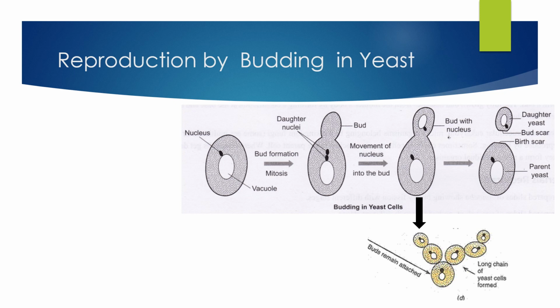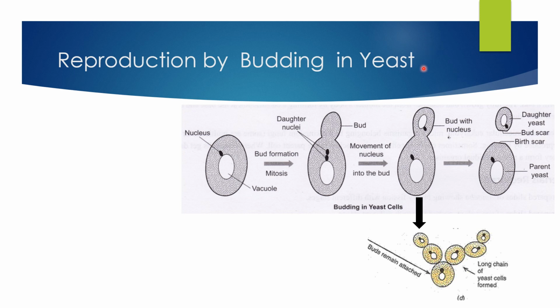Now the first type of asexual reproduction is budding. It is found in unicellular microorganisms, and the example is yeast.